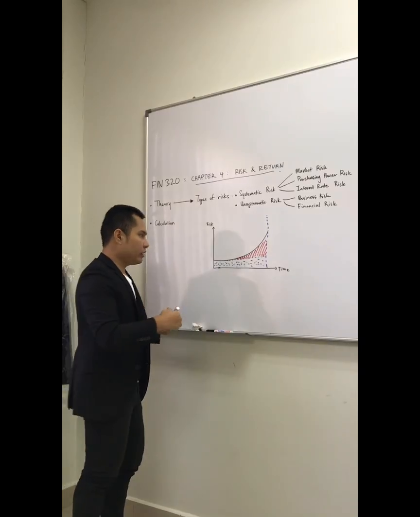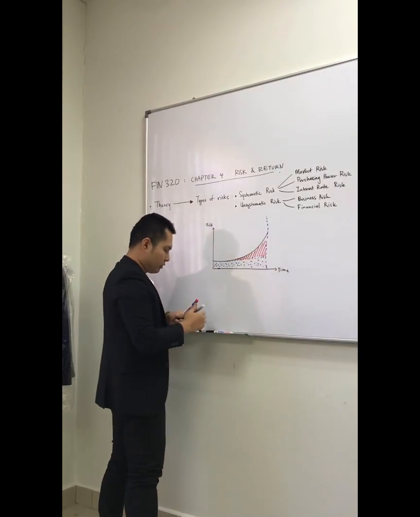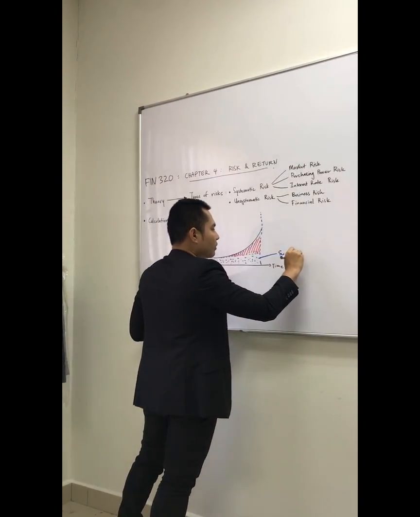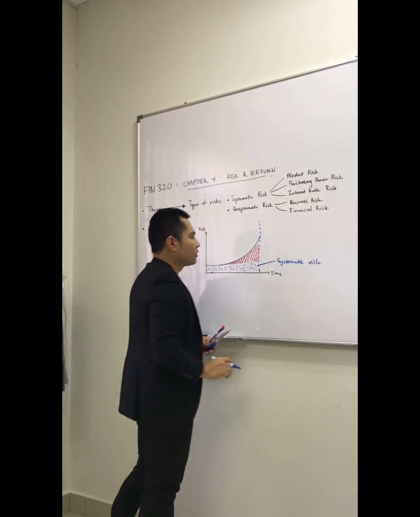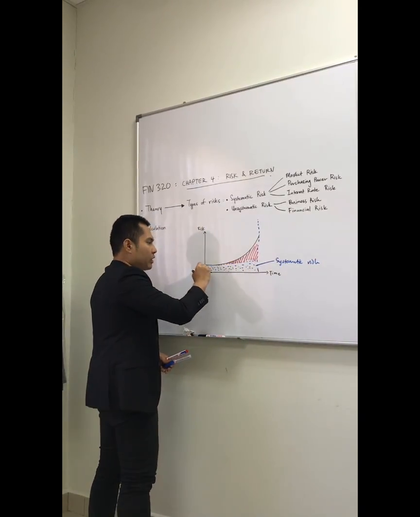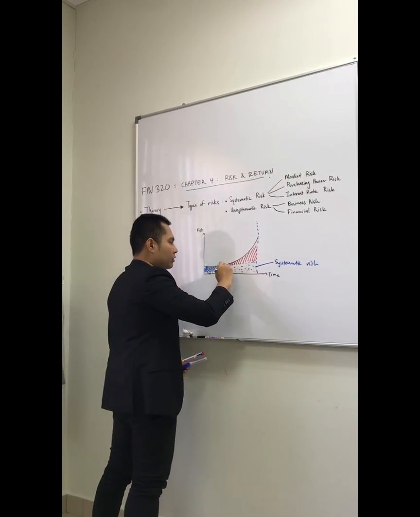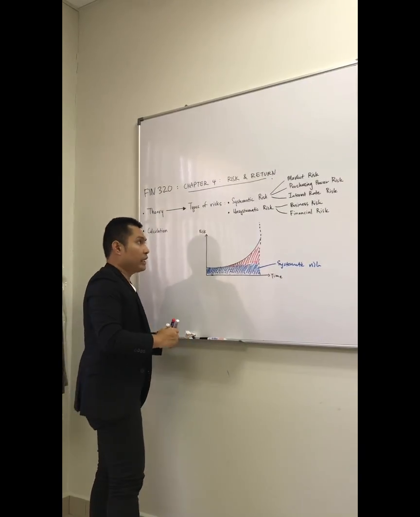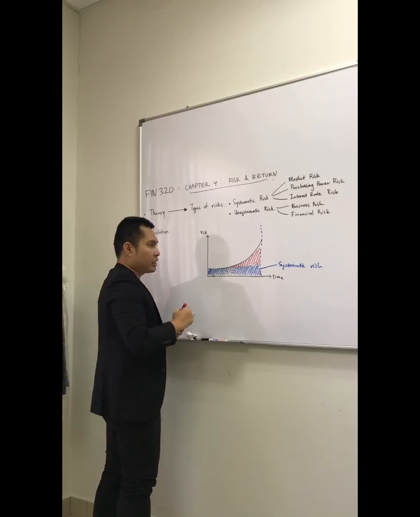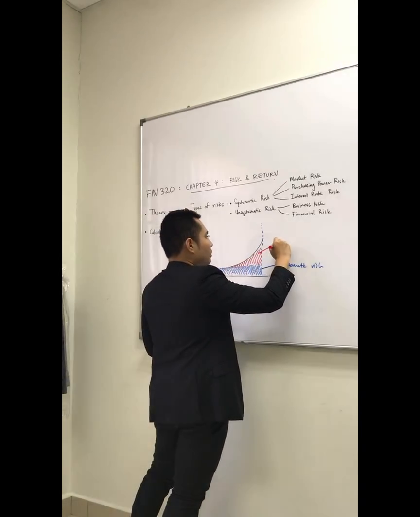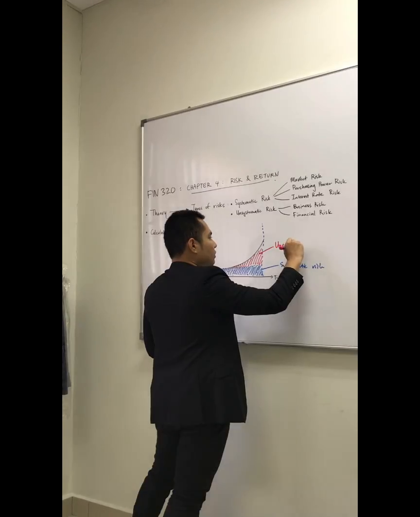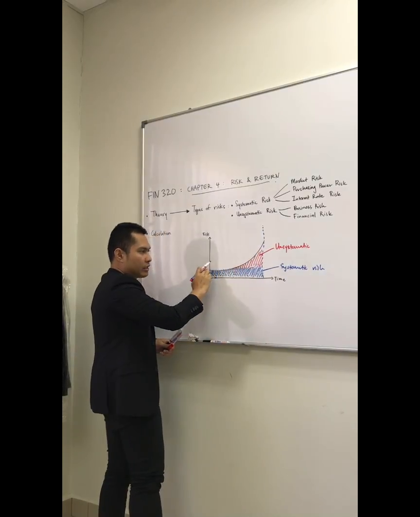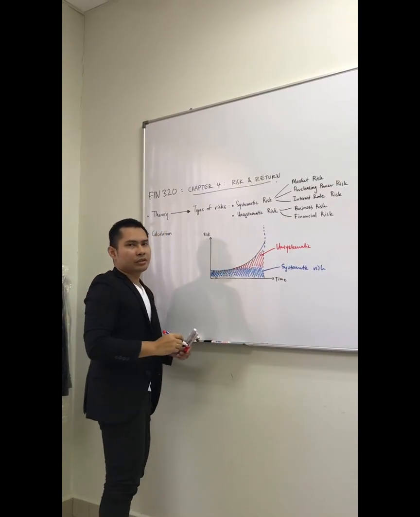Here, this blue region is your systematic risk. No matter what you do, it will always be there. You cannot diversify it, you cannot minimize it. But the unsystematic risk is this red region. This red region can be minimized, can be controlled through diversification.